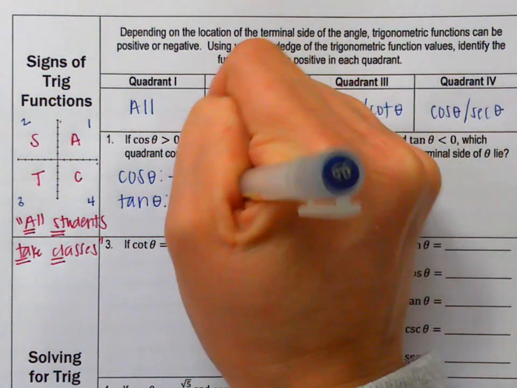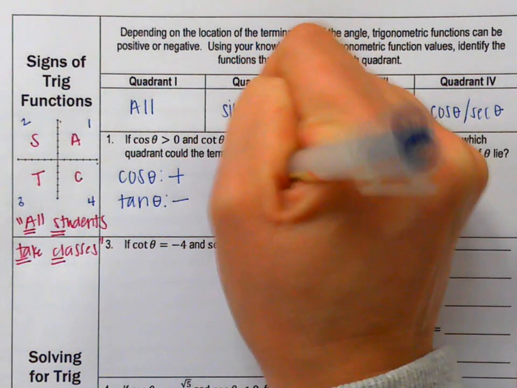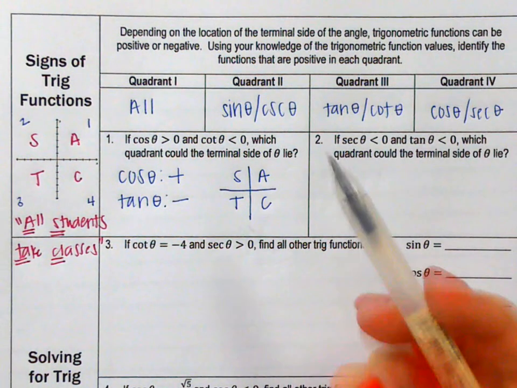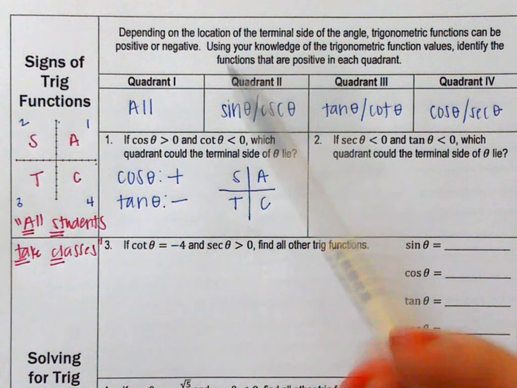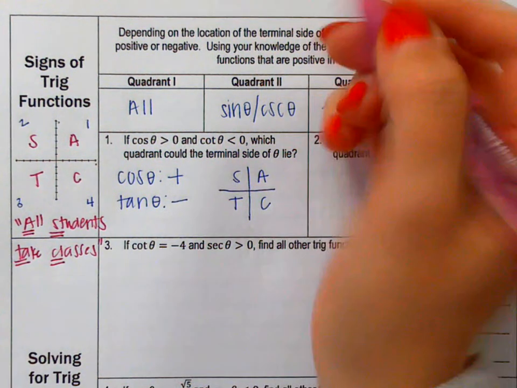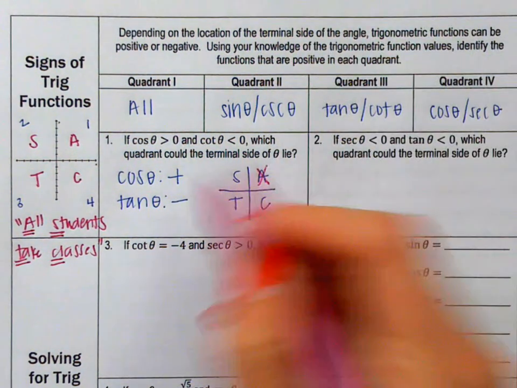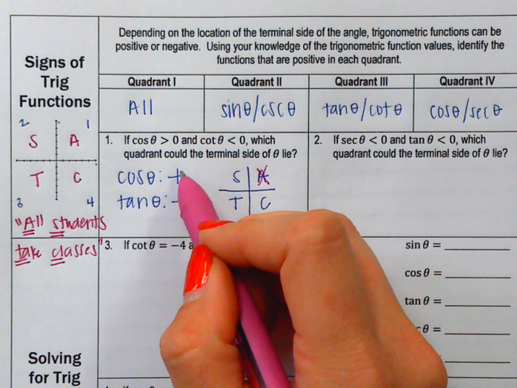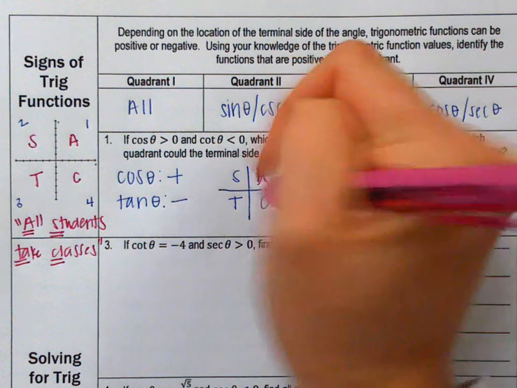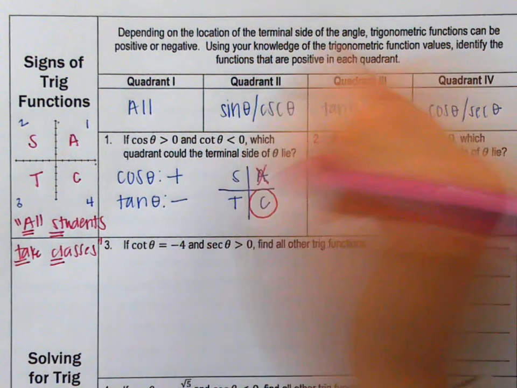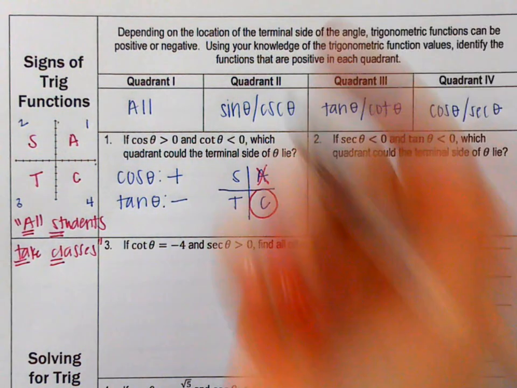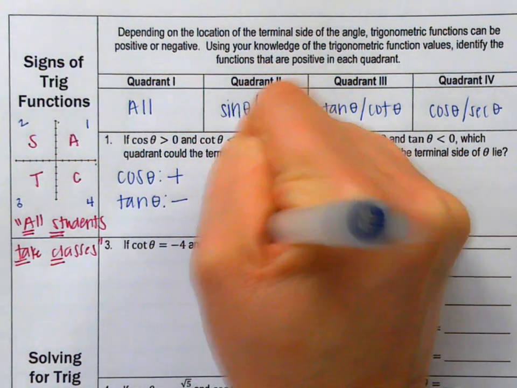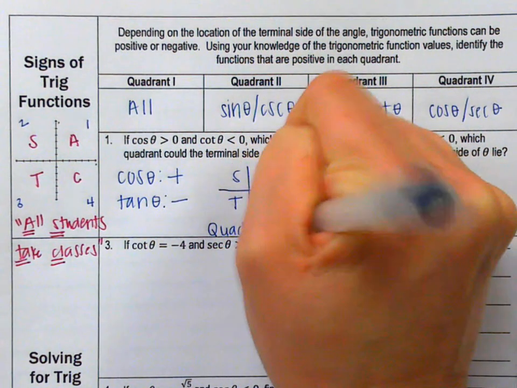I think of it as a process of elimination. So I write out my acronym and I think, okay, first, it's not all. It's not in quadrant 1 because tangent is negative. So then I look to see, does it tell me one of them is positive? And it does, and that's cosine, so this has to be in quadrant 4. So that means my angle measure of whatever we're talking about is in quadrant 4.